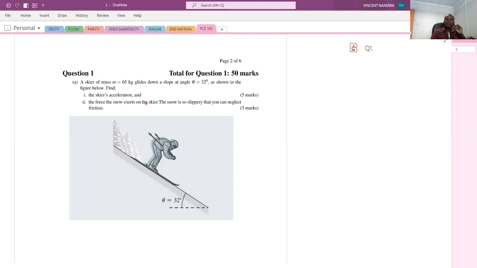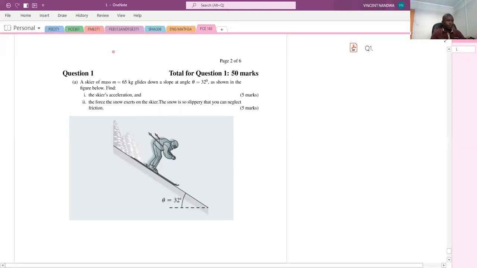We model the skier as an object and draw a free body diagram to illustrate all the forces acting on the skier. In this case, there are two forces: the normal reaction force on the skier and the weight of the skier. So we will draw an axis.